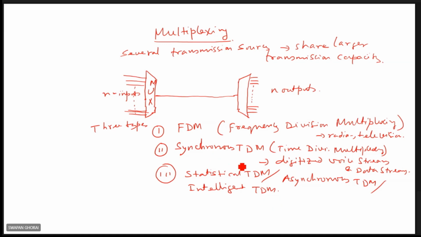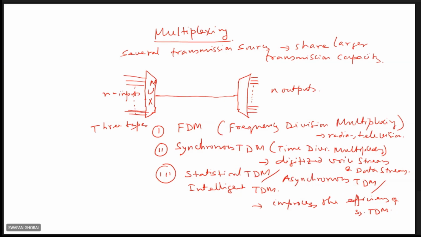This is very similar to synchronous TDM, but synchronous TDM has a drawback: some wastage of resources. That can be overcome in statistical TDM, or intelligent TDM, so it improves the efficiency of synchronous TDM.